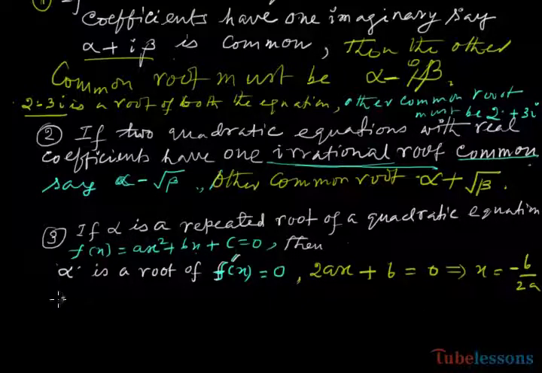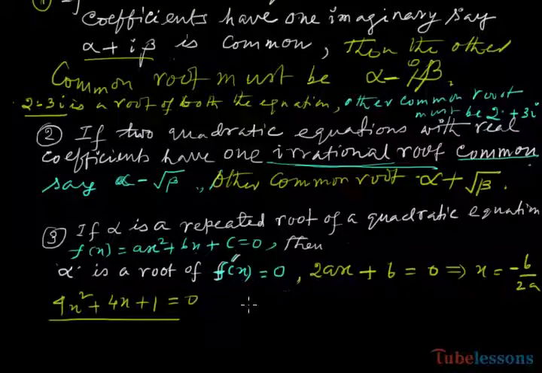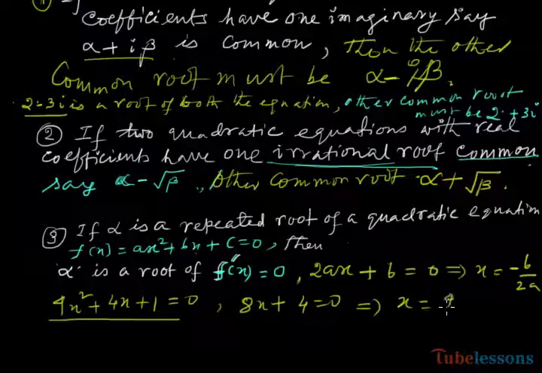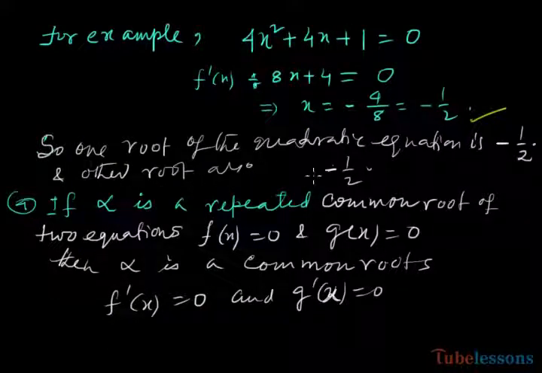For example, 4x square plus 4x plus 1 equals 0. We can find the roots by differentiating: we get 8x plus 4 equals 0, and this gives x equals minus 4 by 8, that is minus half. So one root of the quadratic equation is minus half, and the other root, as it is repeated, is also minus half.